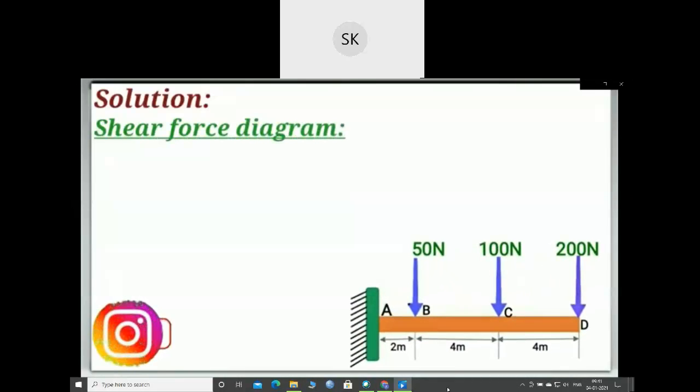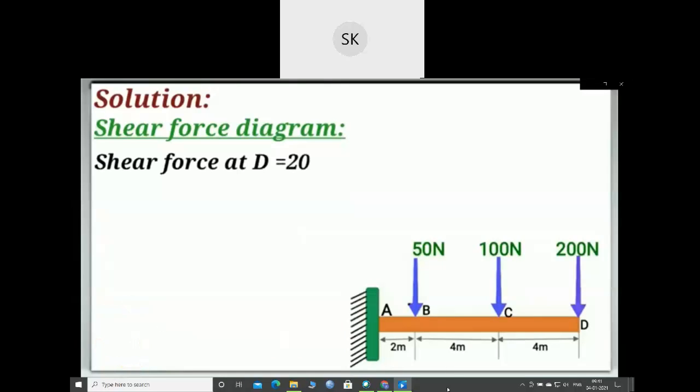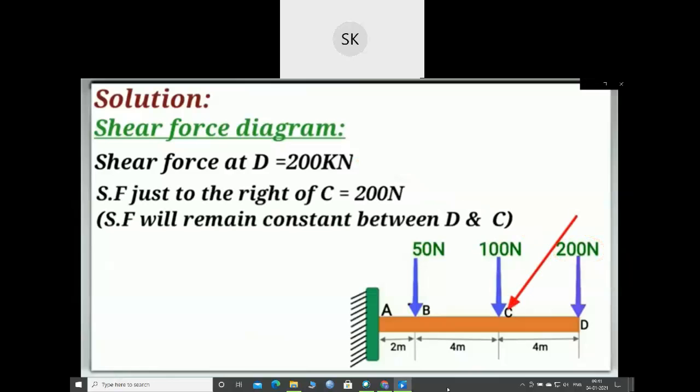In order to draw the shear force diagram, we need to calculate the values of shear force at points A, B, C and D. And we will start from point D. So shear force at point D will be equal to this point load, 200 Newton, and shear force just to the right of point C will also be equal to 200 Newton, since shear force between point D and C will remain constant since there is no load acting in between.